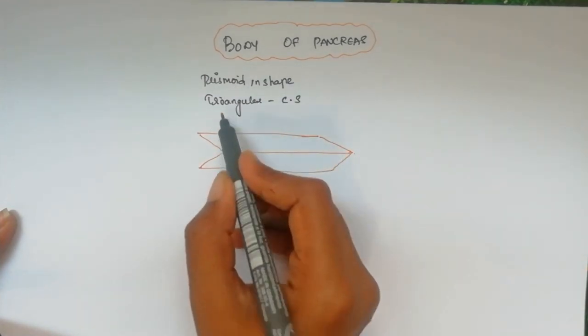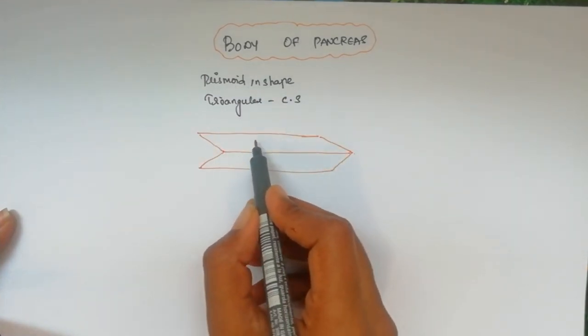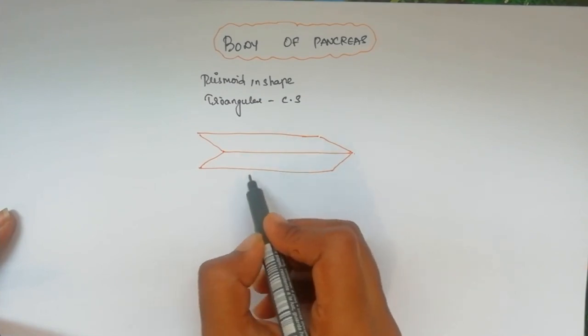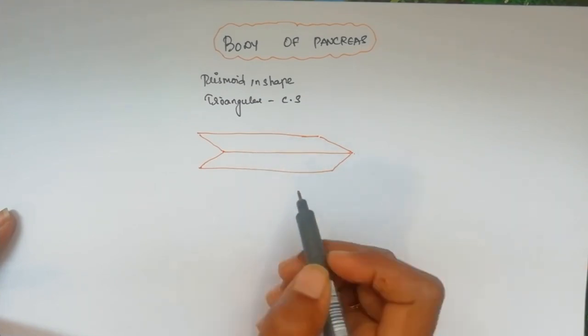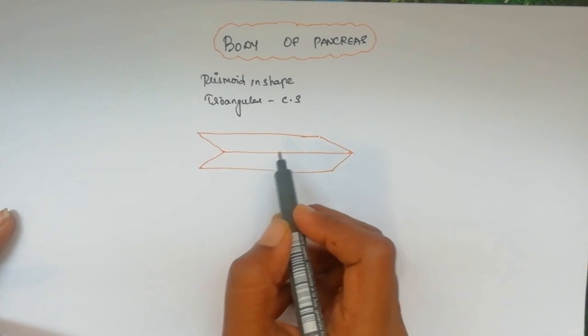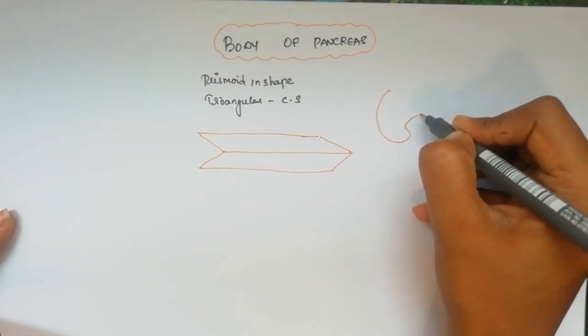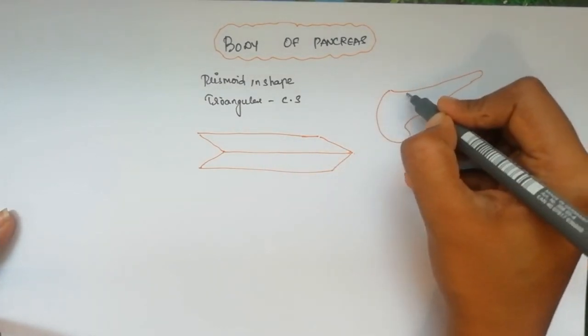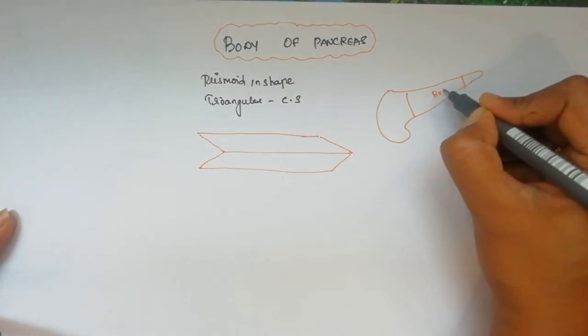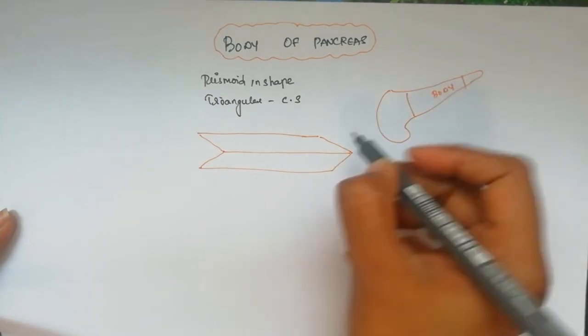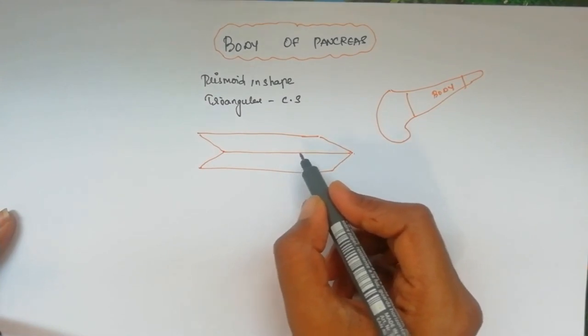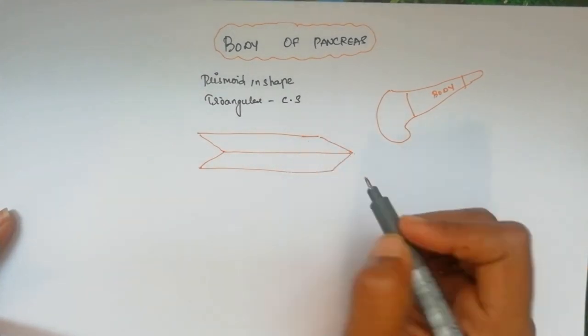If you are taking a section, it is somewhat triangular in shape, having borders. I am showing in this picture the borders of the pancreas. This whole part is the body of pancreas, right? To show the borders and surfaces clearly, I am showing this image.